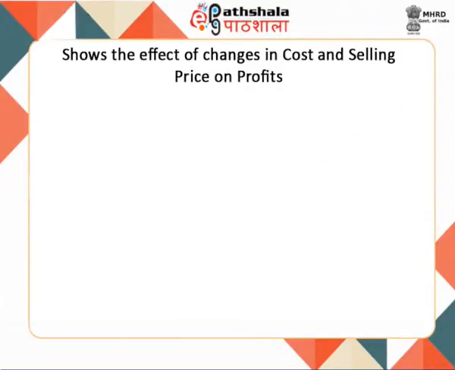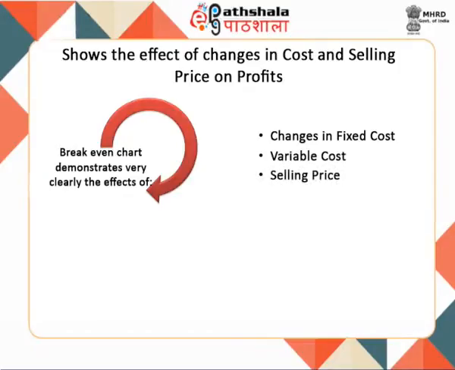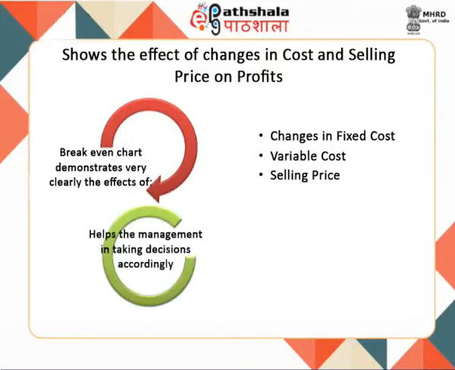Number 3, it shows the effect of changes in cost and selling price on profits. Break-even chart demonstrates very clearly the effects of changes in fixed cost, variable cost, and selling price on the profits of the firm for different levels of output and therefore helps the management in taking decisions accordingly.